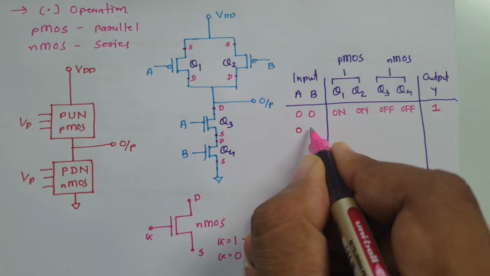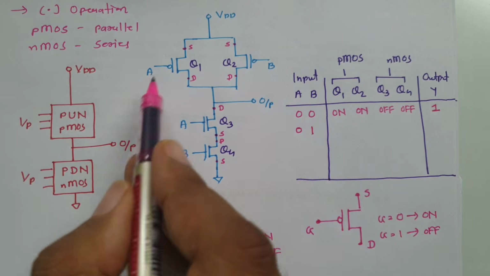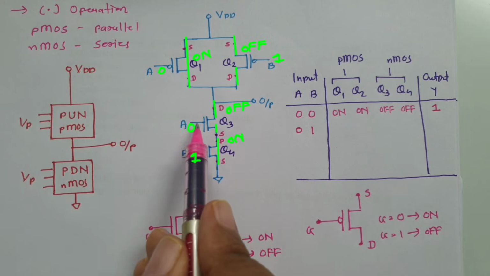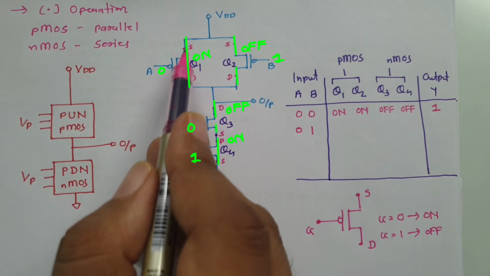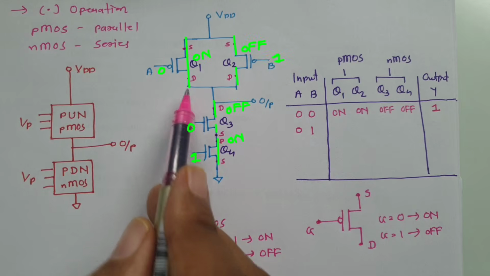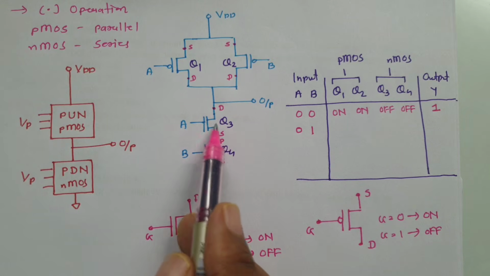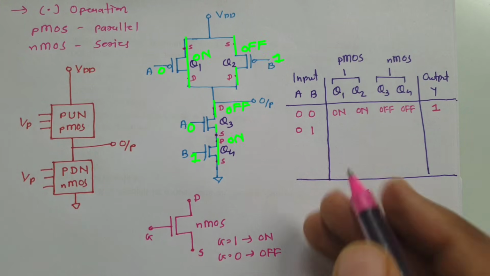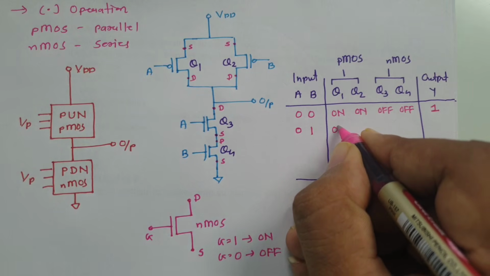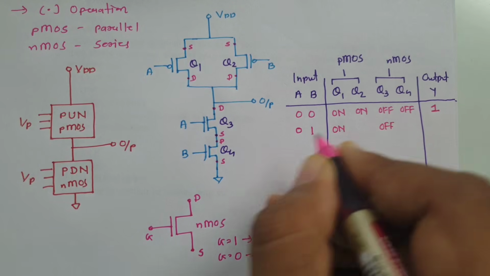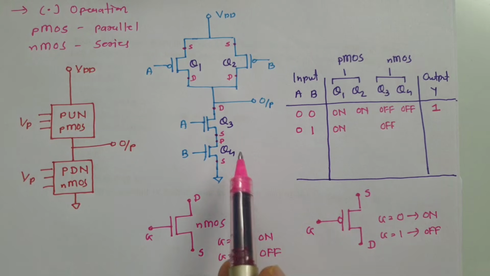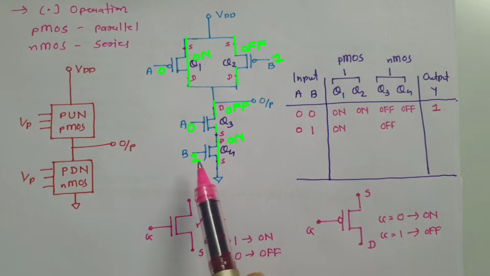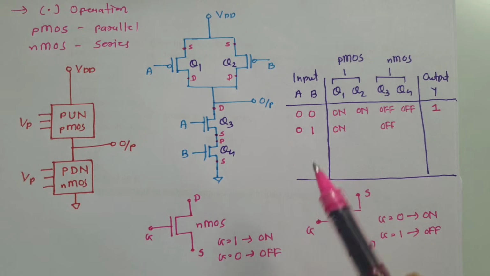Let us have second case with A and B. If A is 0 and B is 1, then A is connected with Q1 and Q3. So Q1 is PMOS. So if A is 0, this PMOS is on and this Q3 is NMOS, so it will be off. And B is 1, so Q2 will be off, and Q4 is having input B. So B is 1, so it will be on.